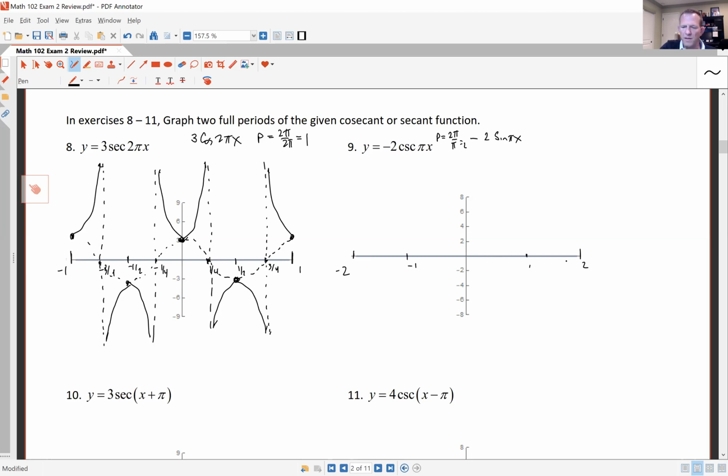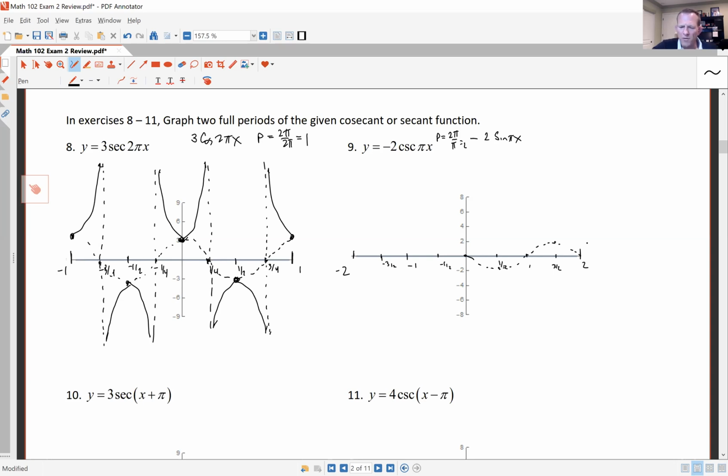And so we go through and graph 2 full cycles of the -2 sine pi x. It's going to start off at its average, and then go down to -2, back to average, up to 2, and then back to average.